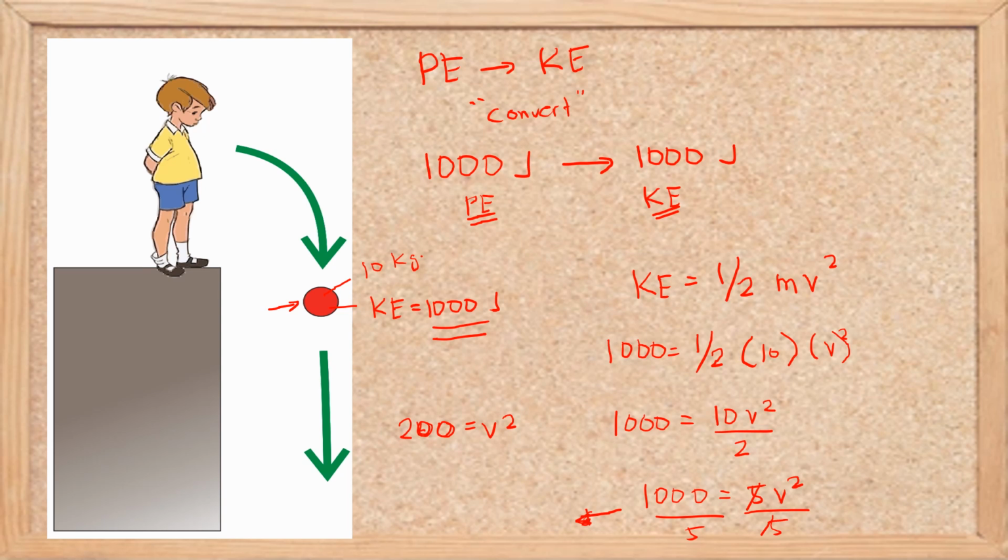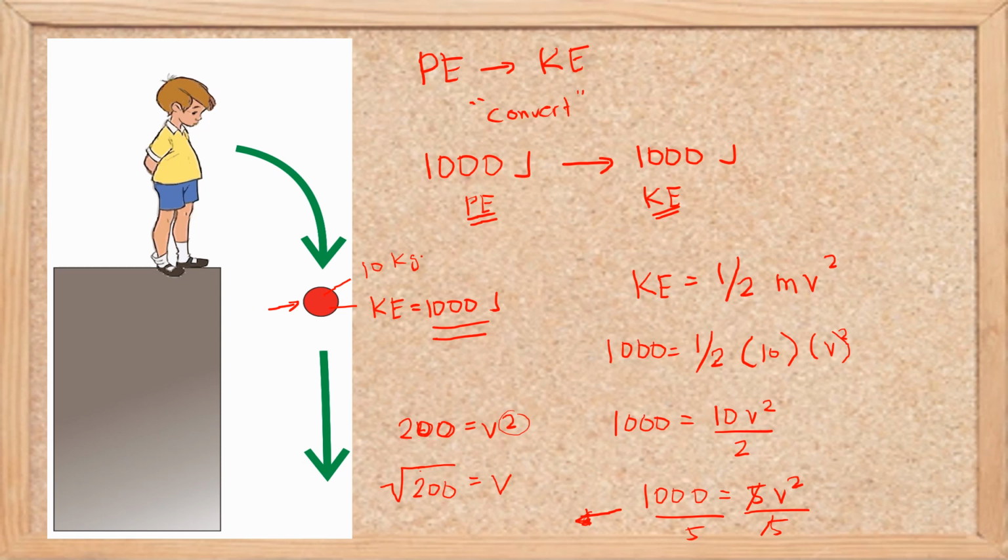Okay, so remember, this is v squared. So you're going to get the square root of 200. So how much? Can you tell me? Okay, very good.